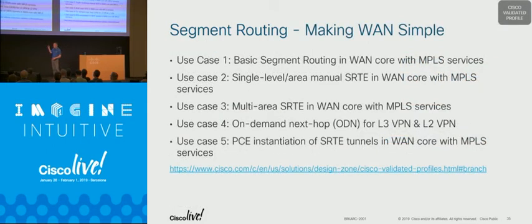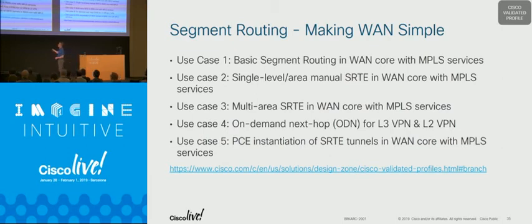So in this Cisco validated profile, again on cisco.com, we publish the top 5 popular use cases of segment routing. Each use case includes the description of that use case, why you want to do that, the topology for that use case, the feature required for that use case, and the scalability we validate for you, and the configuration as well.